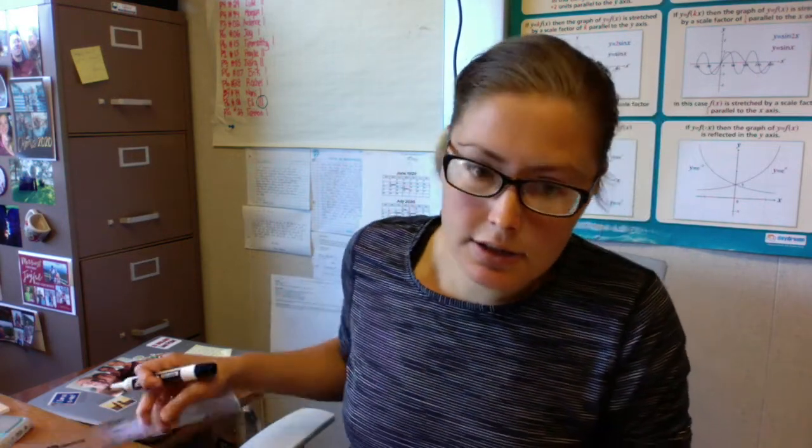Okay, question 4 says, which has an area that is greater, a 30, 60, 90 triangle with a hypotenuse of 4 or a 45, 45, 90 triangle with a hypotenuse of 4? So we're going to start by finding the area of our 45, 45, 90 triangle.